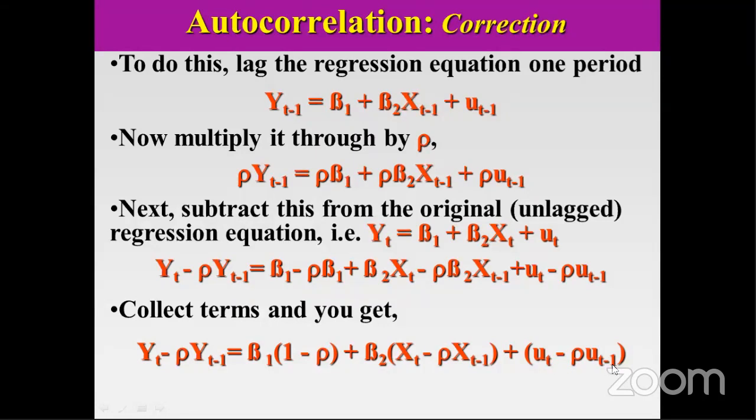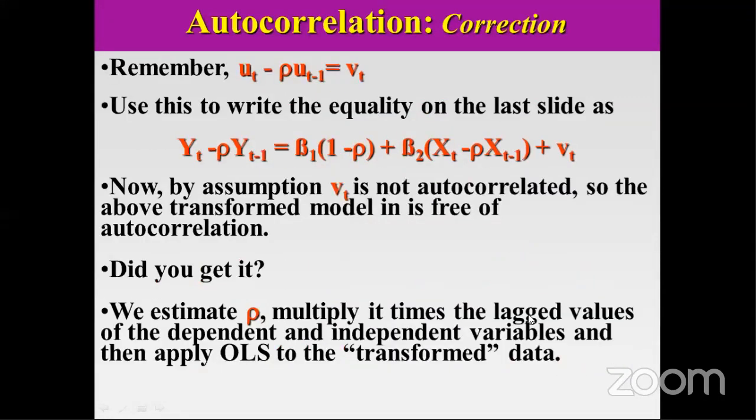Earlier you have shown that ut minus rho ut minus 1 is equal to vt. Just remember that ut minus rho ut minus 1 is equal to vt, where vt is a non-autocorrelated term. So use this to write the equality: instead of writing ut minus rho ut minus 1, you can represent it by only vt.